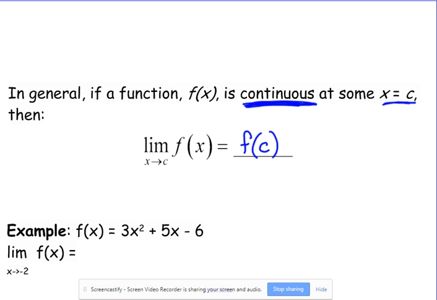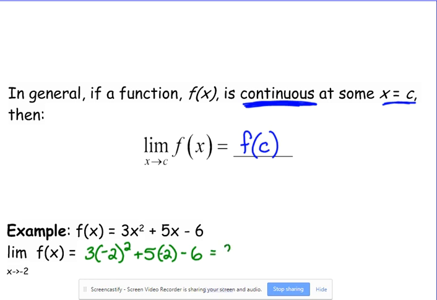So, simple example, I've got f of x is equal to 3x squared plus 5x minus 6. I want to know the limit as I approach negative 2 of this function. I'm simply plugging negative 2 into my function and evaluating. Notice my limit notation is not there because I'm plugging in the negative 2, and I left the negative off right there.